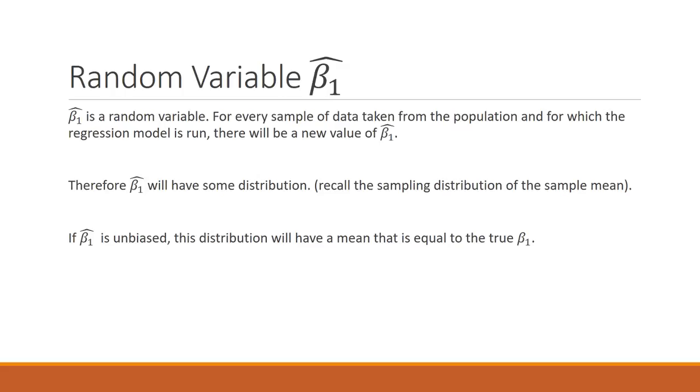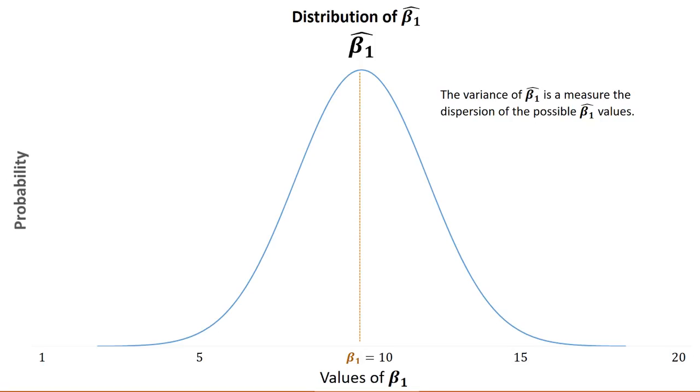This is like, if you remember, the sampling distribution of the sample mean. It's a very similar concept. Now, if beta 1 hat is unbiased, that means this distribution will have a mean equal to the true population beta 1. So let's visualize this.